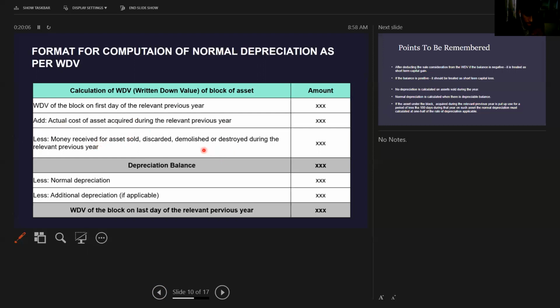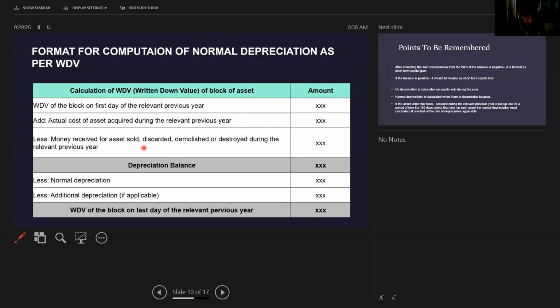Any amount which is received in the following cases, whether the assets are sold, discarded, demolished, or destroyed, this should be deducted. The amount should be received only during the relevant previous year, not in the current year.